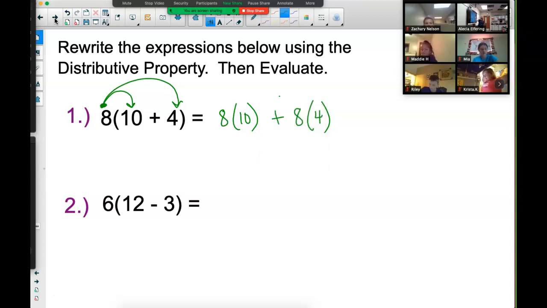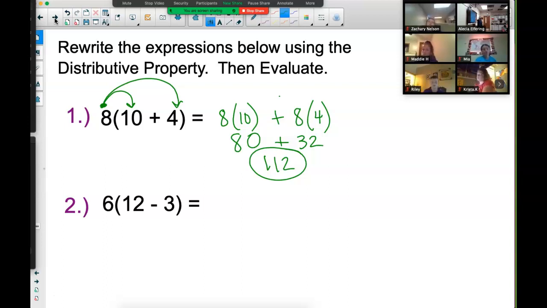What's 8 times 10? Shout it out. 80. 8 times 4 is 32. We add them together, that's 112. Okay, so yes, I am going to expect to see all of this on your homework. It won't take you that long, I promise.